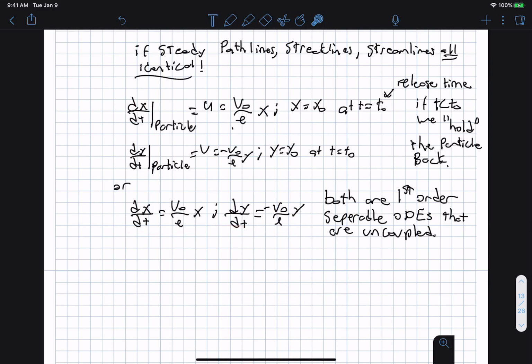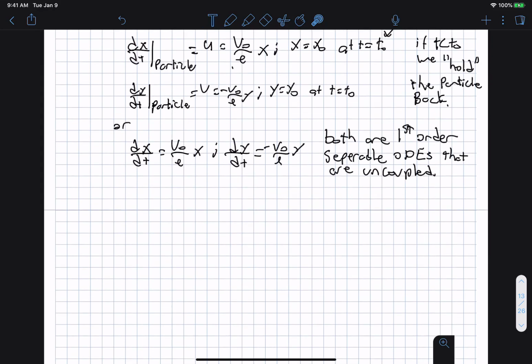In general, that is not the case. All I would need to do to mess that up is to put a y here and maybe an x squared here. Then all of a sudden you need to solve them together, and you need to go to the computer or use some very fancy math techniques that we're not going to get into in class. But in general, the solution procedure for each of these ODEs is the same, and I'm just going to go over the x one in detail. Again, in your homework, I would expect you to show full detail for all of them.